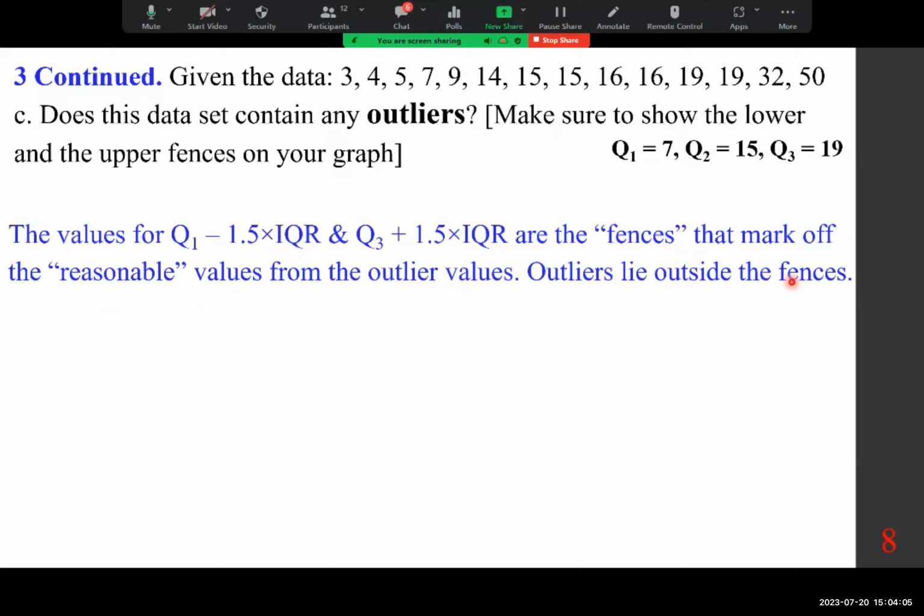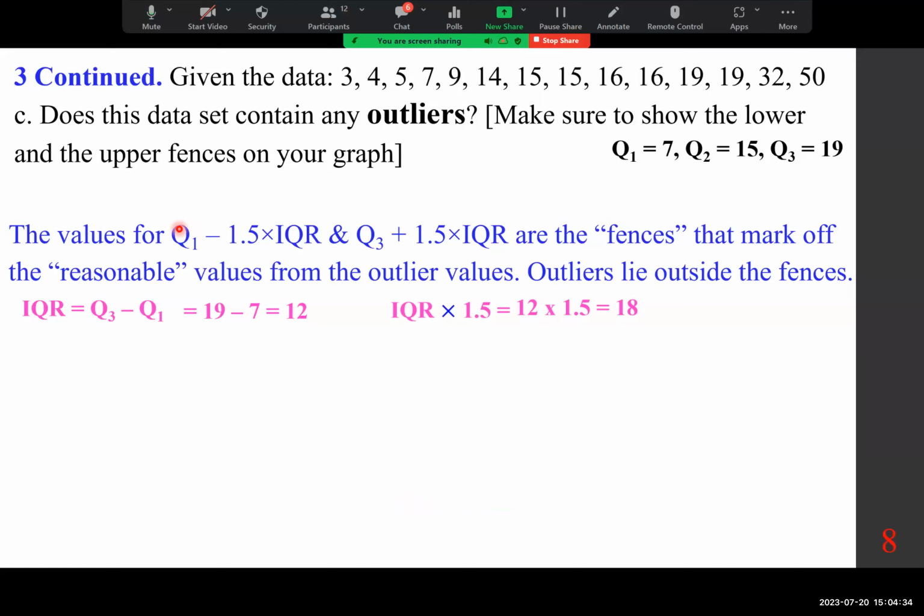So the very first thing you have to calculate is the IQR, which is Q sub 3 minus Q sub 1. That gives us 12. Since we are going to multiply by 1.5, let's multiply this by 1.5, and that gives us 1.5 times 12, which is 18.